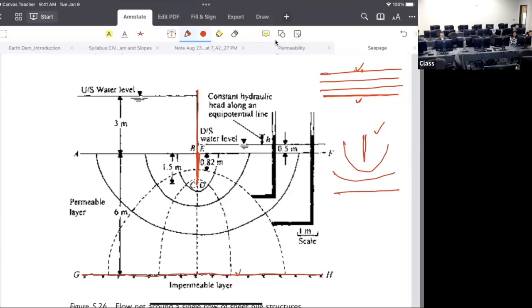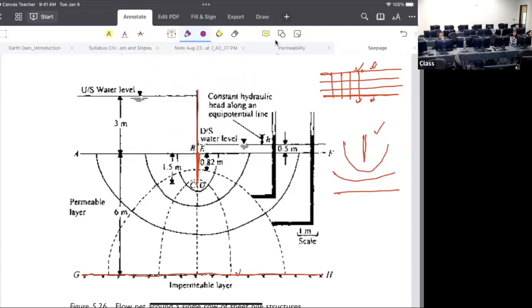What is our third assumption? In between the flow lines, we should have our potential drop lines, or the pressure drop lines. And how are these lines internally connected? 90 degrees. 90 degrees between the flow line and the potential line.